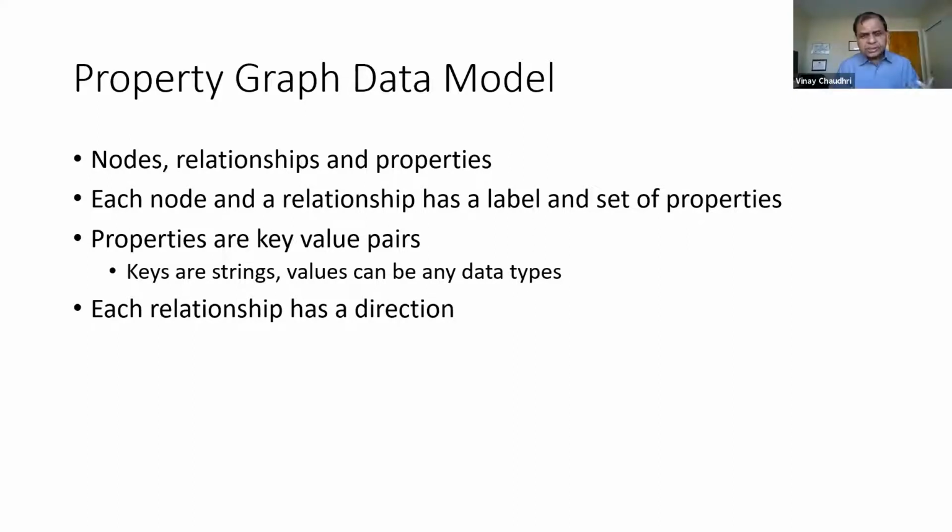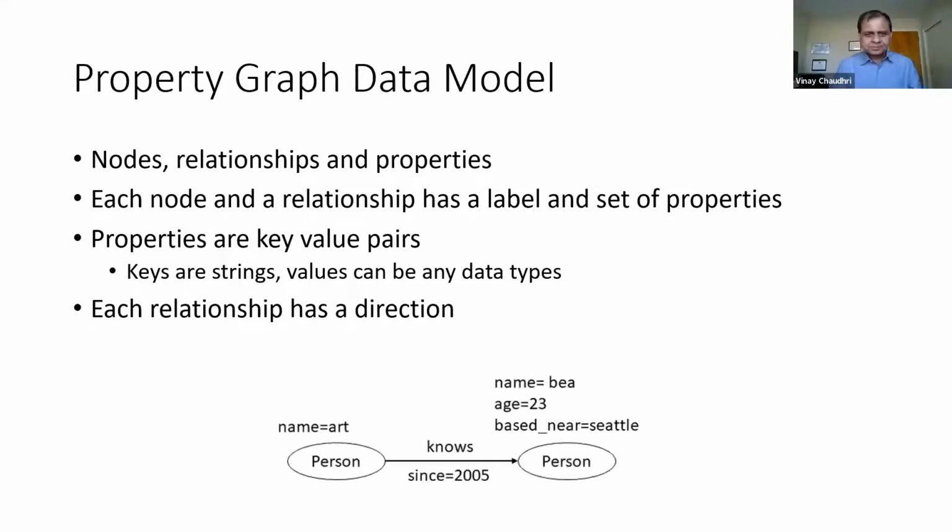Each node and relationship can have a label associated with them, and also a set of properties associated with both nodes and edges. And properties are key value pairs. Keys are strings, and values can be any data type. And the relationships have a direction, right? So it's a directed graph.